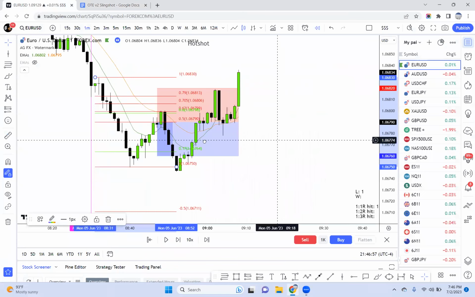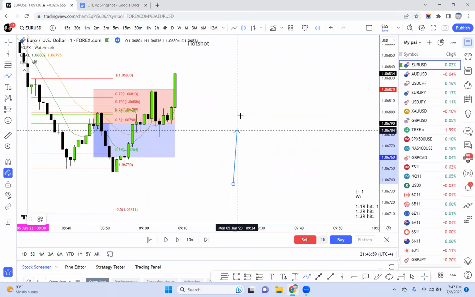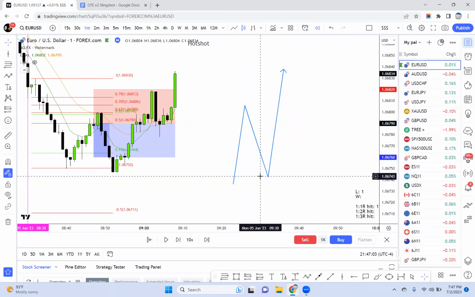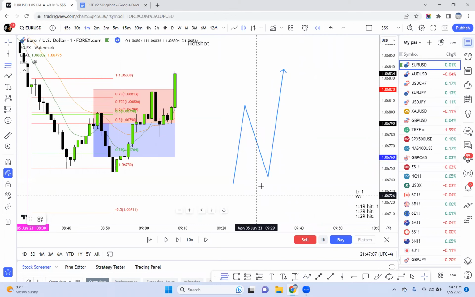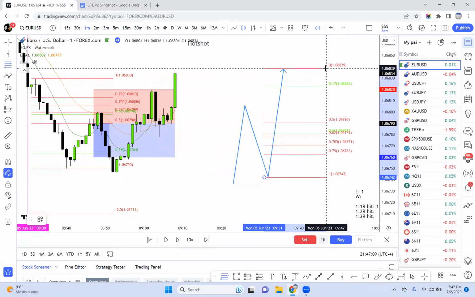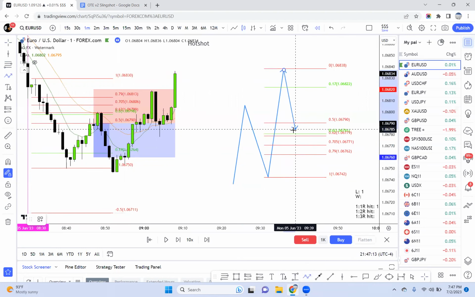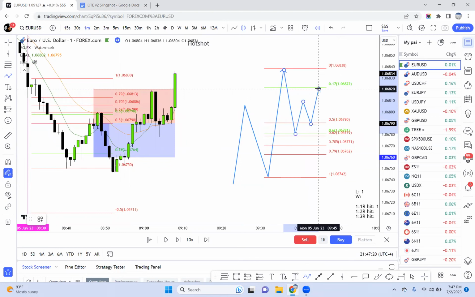So what this is explaining is that, let's say that price has this expansion right here that we're framing on, right? Let's say it has this expansion that we're framing on, and then price comes here to OTE, we enter, and then it does this, and then it creates this.